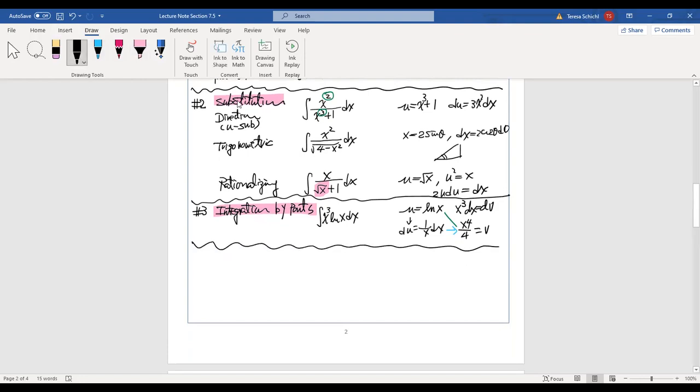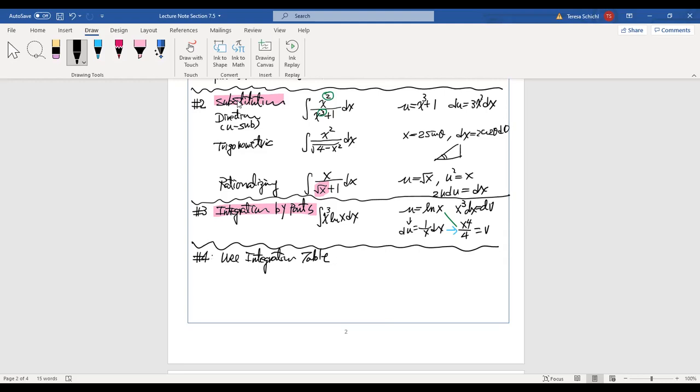Another thing you can do is use the integration table. Okay, so at the back of the textbook, they have an integration table. So basically, for some very complicated or difficult integrals, somebody has already done them for us.